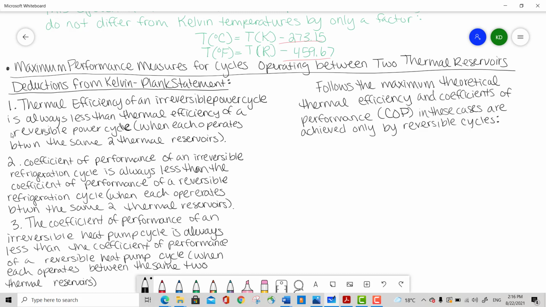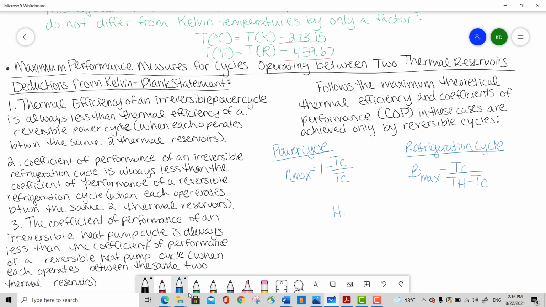And then because of that, we can use these respective formulas. So we have a power cycle, and for this power cycle we've got the max equals 1 minus Tc over Th. And then we have the refrigeration cycle, max equals Tc over Th minus Tc.